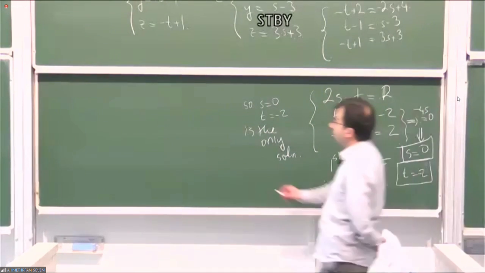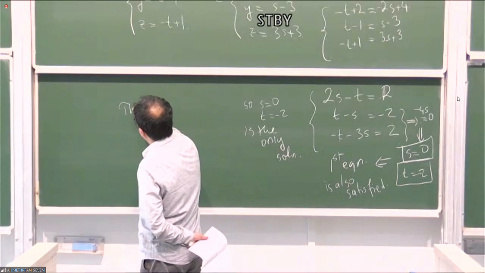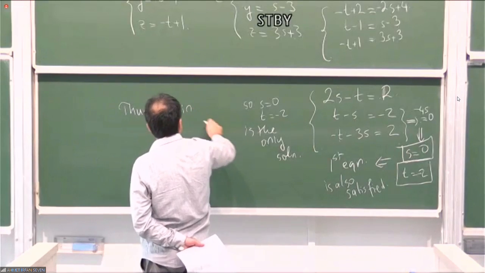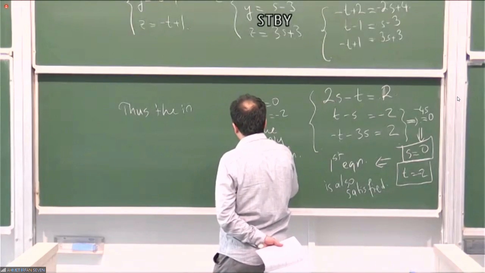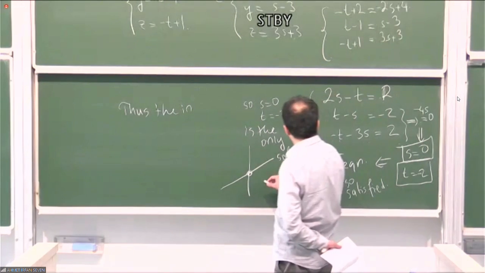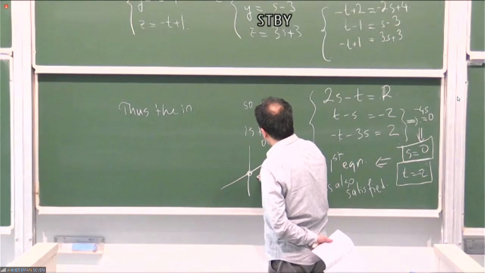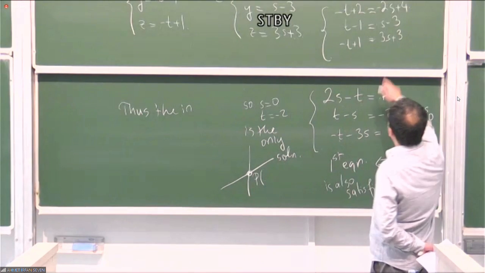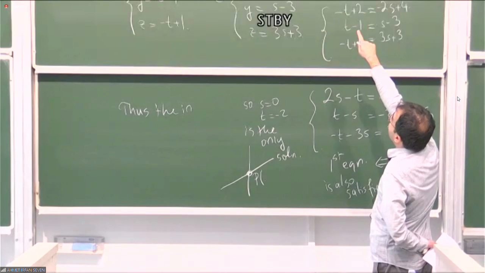Thus, what is the intersection point? These two lines will intersect at a single point. Let's denote it by P. It will be what we get when we put s equals 0. So let's put s equals 0 in the second equation.